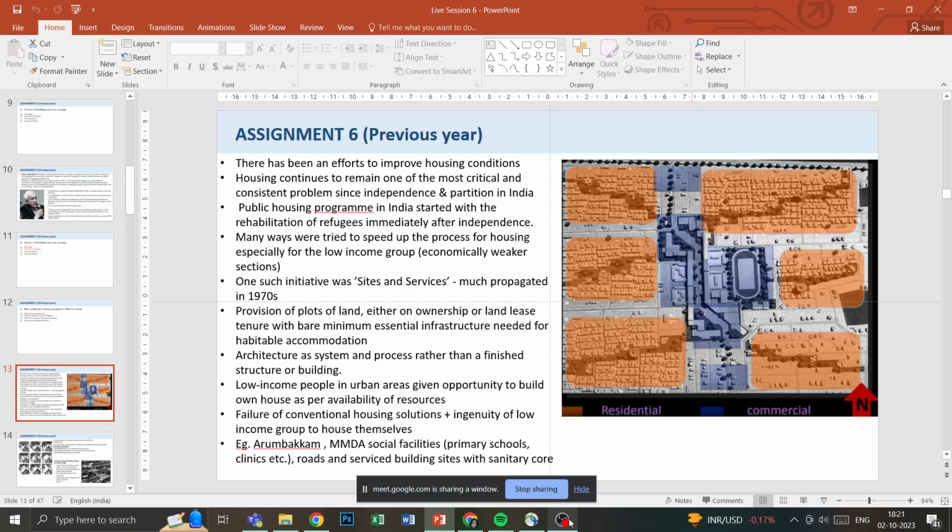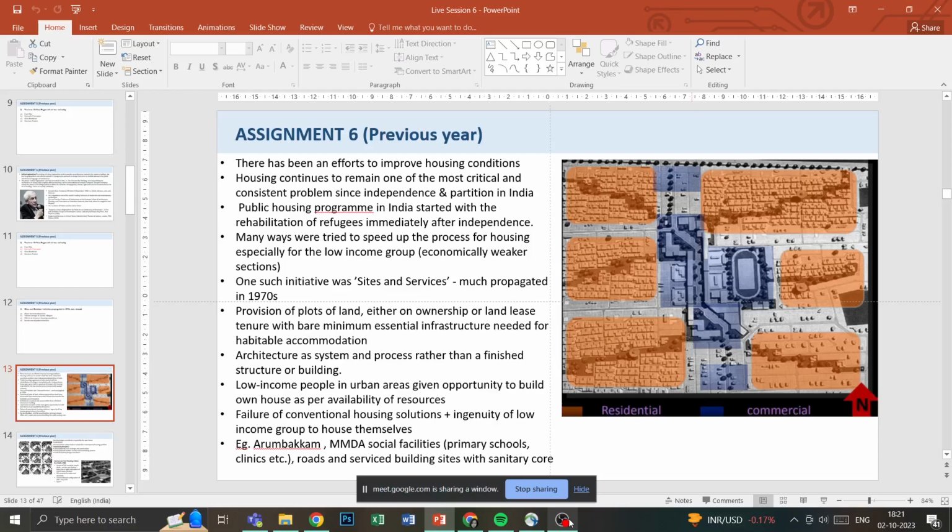Instead it is a whole process in which bare minimum infrastructure facilities on a piece of land are given to people, and then they are expected to create their house there with time, with the resources they have, and as per their need. Low income people in urban areas are given the opportunity to build their own house as per the availability of resources.